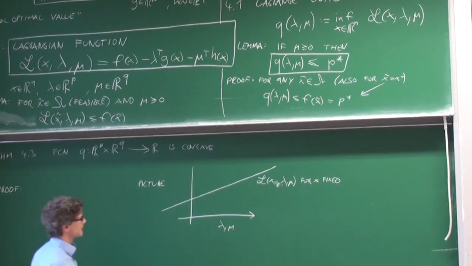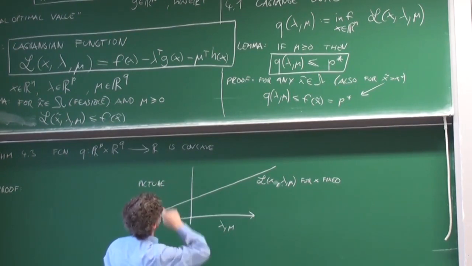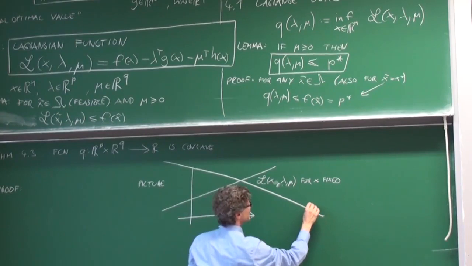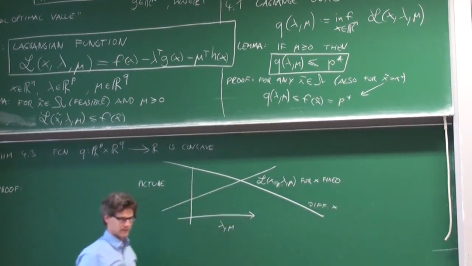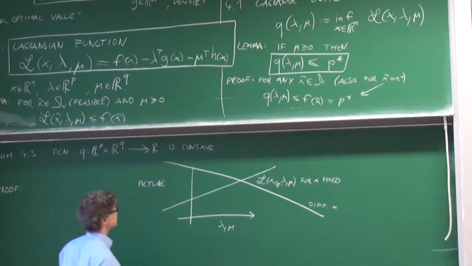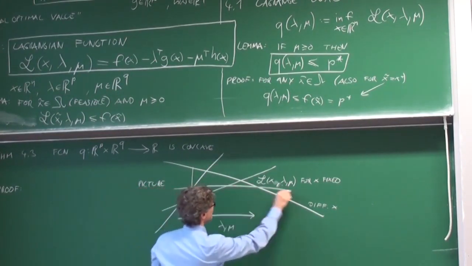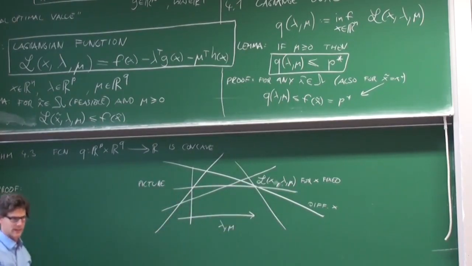Now I take another x, and I will have a different value of my Lagrange function and also of g and h. So I will have some other line here, just for another x. And I can draw it for many, many x's. Another x, another x. For any x that I could choose, I could draw the Lagrangian function, and it will always be a linear thing.